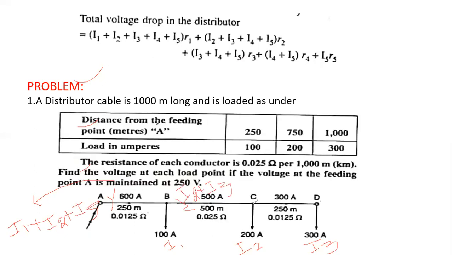Next, we calculate the current at section CD. At point C, the I2 current is also dropped. The current at section CD is I3. What is the I3 value? 300.